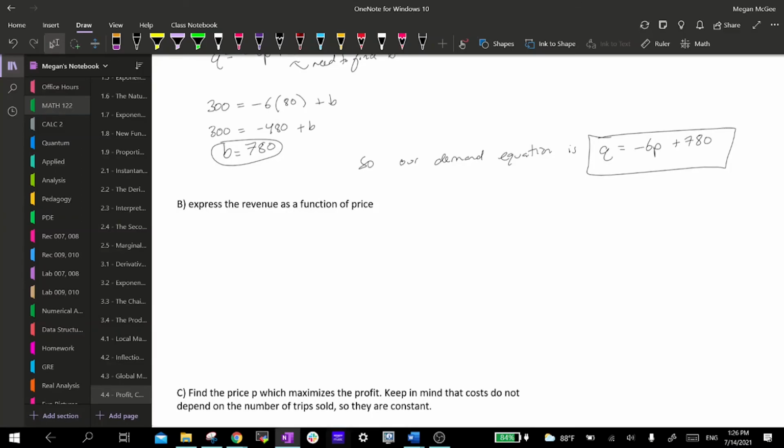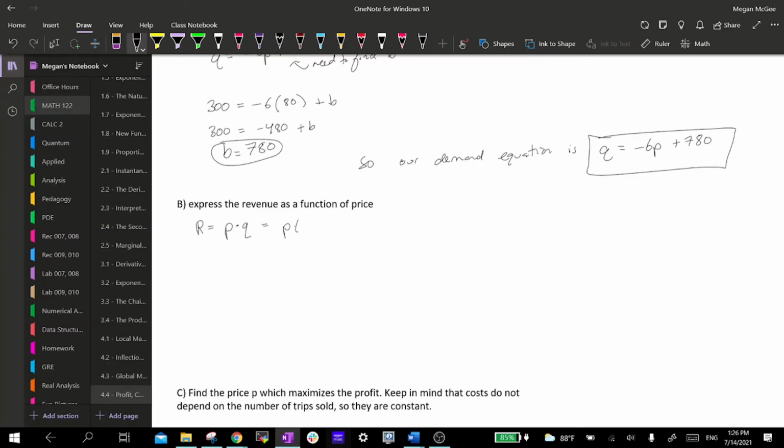For part B, we are to express the revenue as a function of price. Our revenue is the price times the quantity, the total amount of money brought in by how many items are sold.